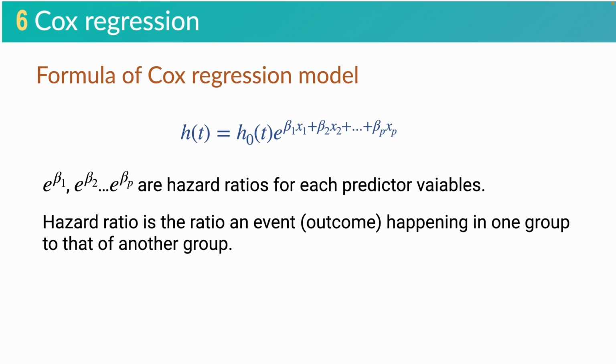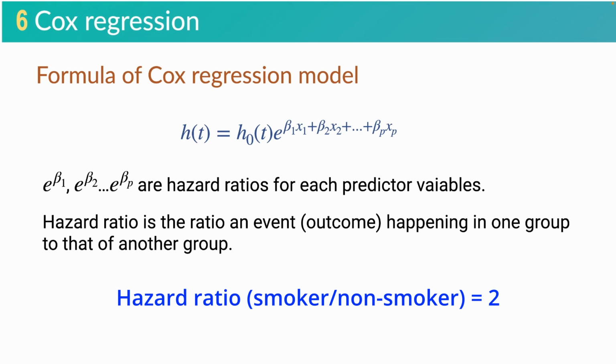E power beta are hazard ratios for each predictor variable, and hazard ratio is defined as the ratio of an event or outcome happening in one group to that of another group. For example, hazard ratio of death from lung cancer is 2 for smokers, means the chance of an individual dying from lung cancer is twice if he is a smoker compared to non-smoker.